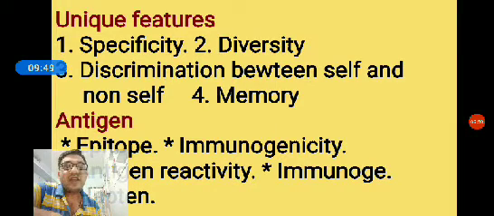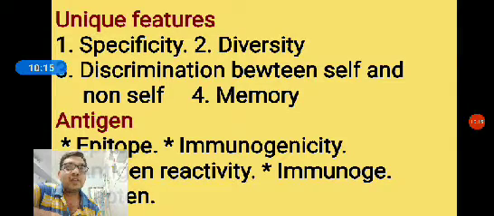One more word is there, antigen reactivity. It means the chemical reaction between antigen and antibody to form antigen antibody complex. This complex is called antigen reactivity. Then one more word, immunogen.